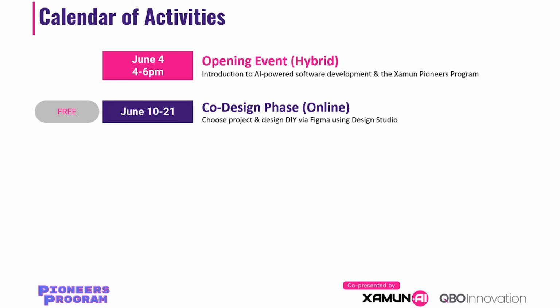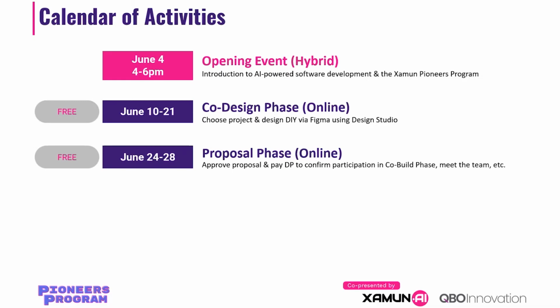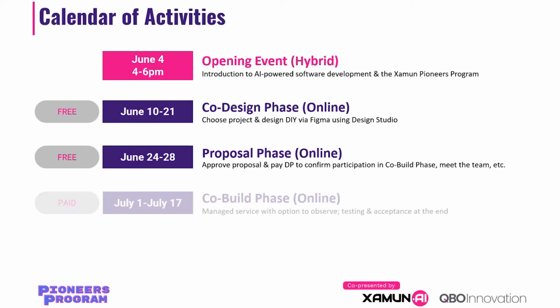There's a co-design phase happening between June 10 and 21, and we're expecting at least 15 companies or 15 projects to come in. The next week we'll spend preparing the proposals and getting them approved. By July 1, that's where the build phase will start. As you can see, the next 2 phases are totally free.